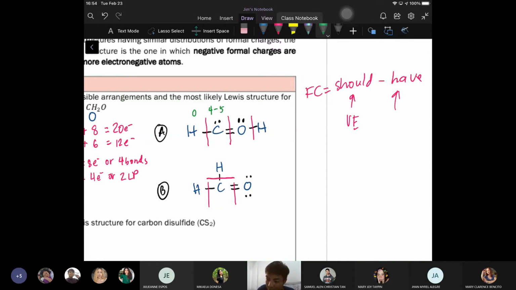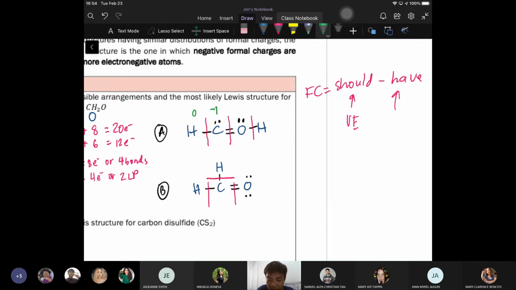So that will be 5. 4 minus 5 is negative 1. Okay? Now, medyo red flag na yan pag ganyan. Bakit siya red flag? Kasi carbon is the least electronegative atom. So that means it must not have the negative charge. Okay? So medyo red flag pa lang yan. Okay? Tignan pa natin yung ibang atoms.